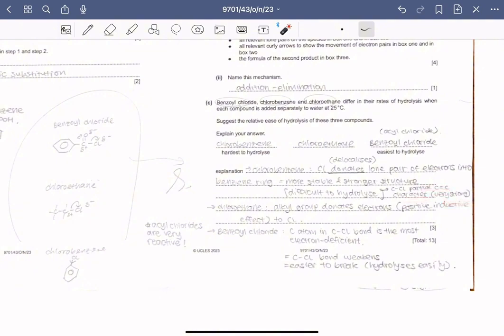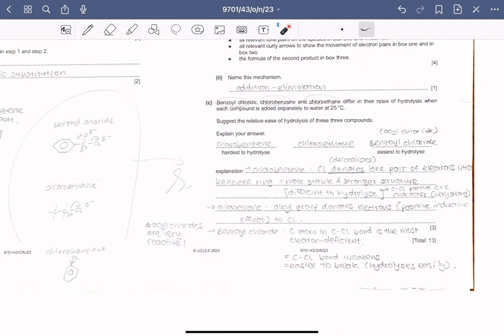Next is chloroethane. Chloroethane is actually an alkyl group that donates electrons and exerts a positive inductive effect to the Cl. So this alkyl group exerts a positive inductive effect to the Cl atom.